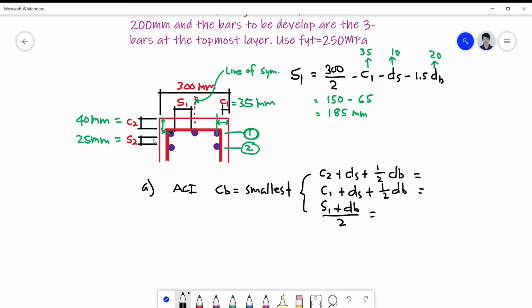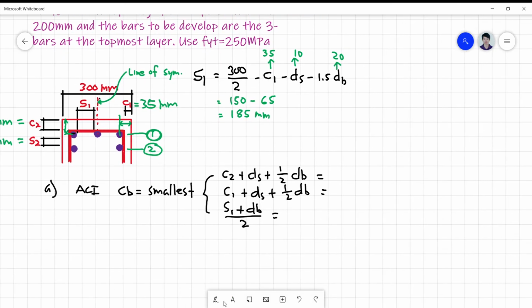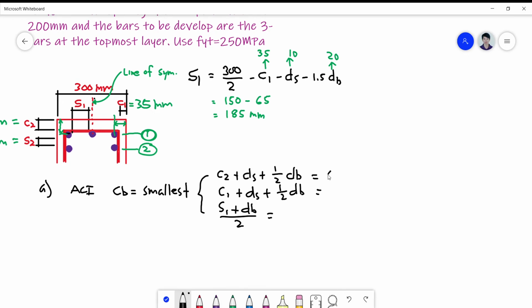C2 is given, 40 plus 10 plus 10 equals 60. We have C1 plus ds, 35 plus 10 plus 10 is 55.